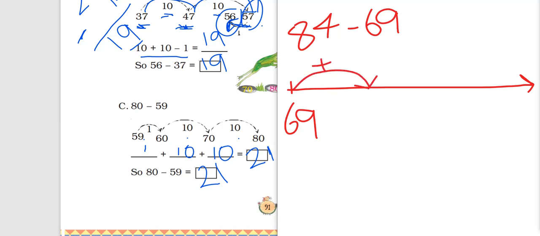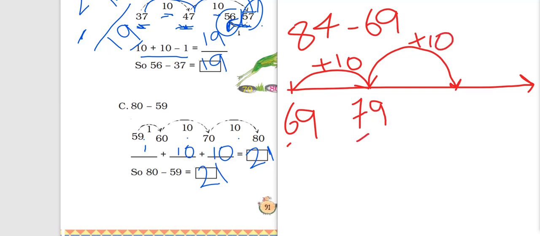Let's add a 10. We have 6 tens, and another 10 added to it is 7 tens. And same number of ones, which is 9. We came up to 79. We take 10 more steps, which is another 10, 7 tens, and one more 10 is 8 tens, and the same number of ones, which is 9 ones, we put down 89.